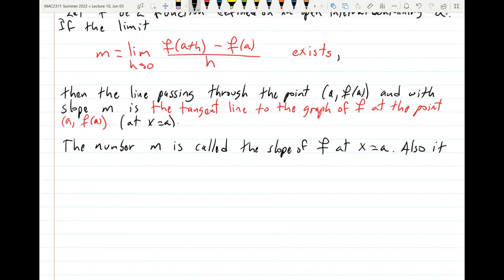Also, it is called the derivative of f. Let me stress this. This is typically the way we're going to call it, but sometimes in problems you're going to see the word slope and so on. So the derivative of f at the point x equal a.